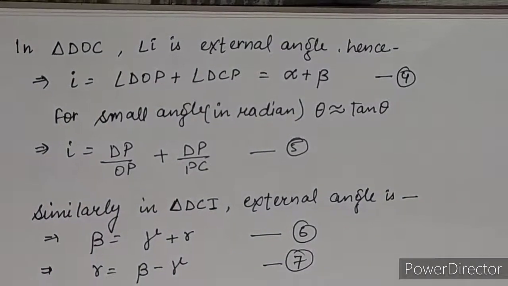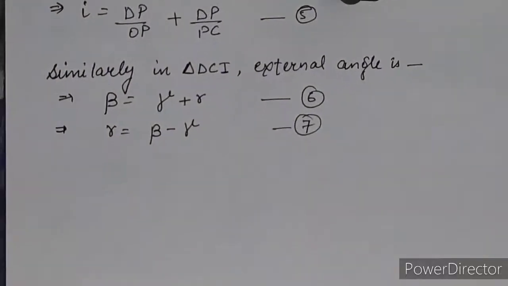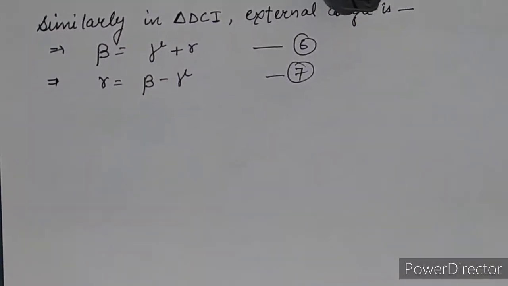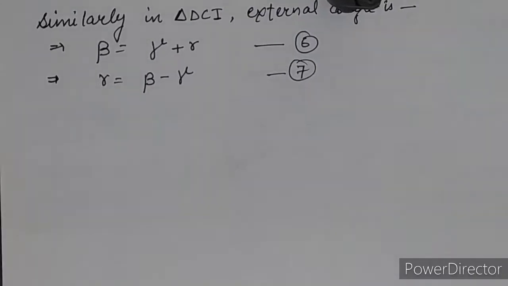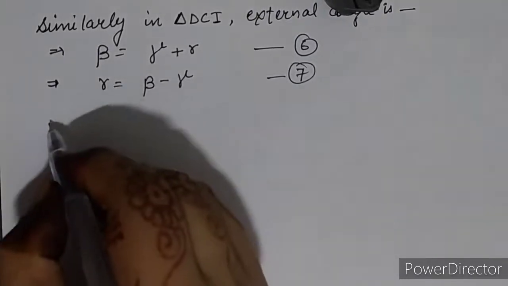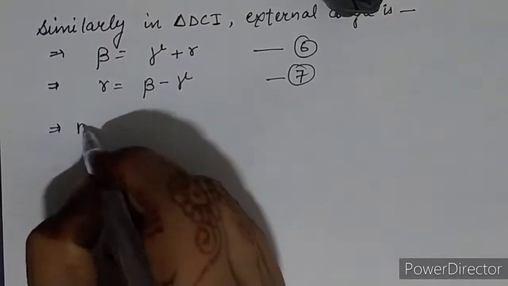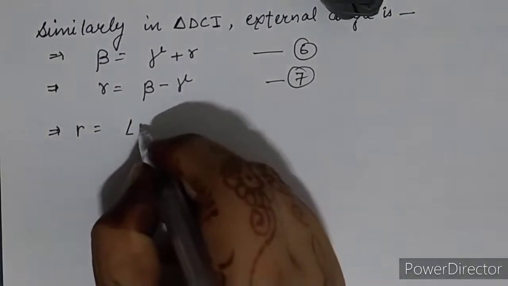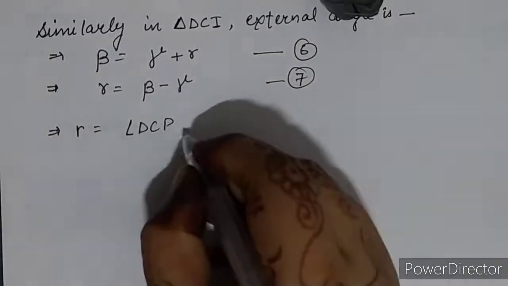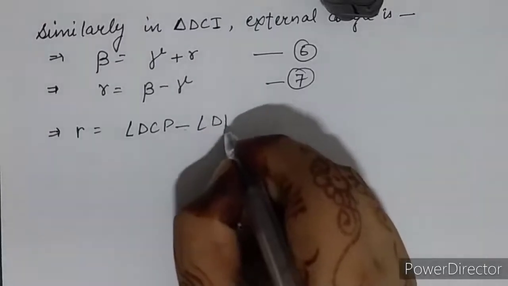Now we have to write the values of these. As I am writing, r is equal to, already we have calculated the values of tan beta and tan gamma, that is angle DCP minus angle DIP.